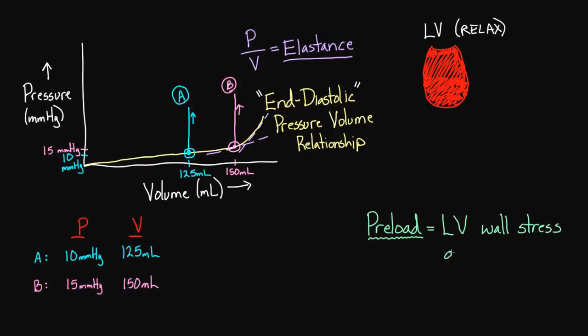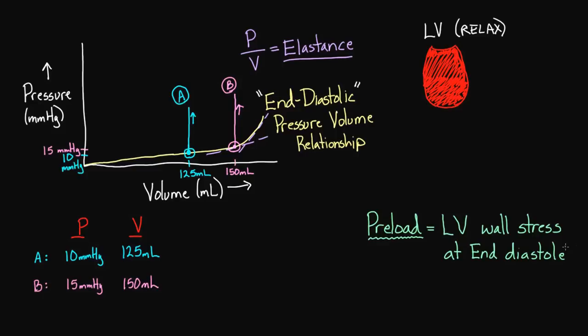I'm going to use shorthand. I'm going to say at end diastole. So at the point when diastole ended, right? And in situation A and B, those are two different points we just said. The point where diastole ends, whatever the left ventricular wall stress is at that moment is preload. Okay, so that's how I'm going to define preload, and that's the way I think it's most helpful to define it.